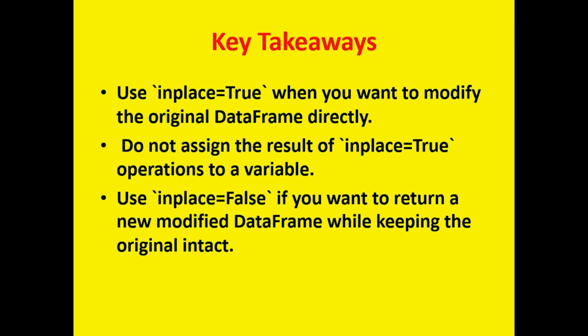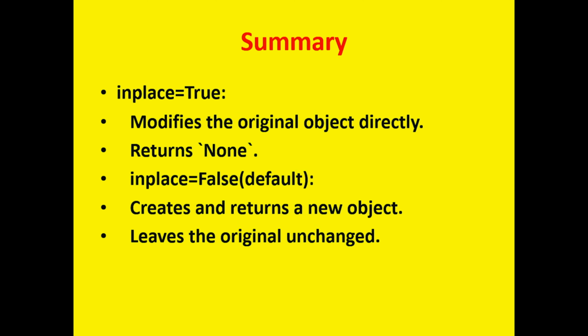So these are the key takeaways. Use inplace equal to true when you want to modify the original data frame directly. Do not assign the result of inplace equal to true operations to a variable. Use inplace equal to false if you want to return a new modified data frame while keeping the original intact, as we have seen with the practical implementation. What is the summary?